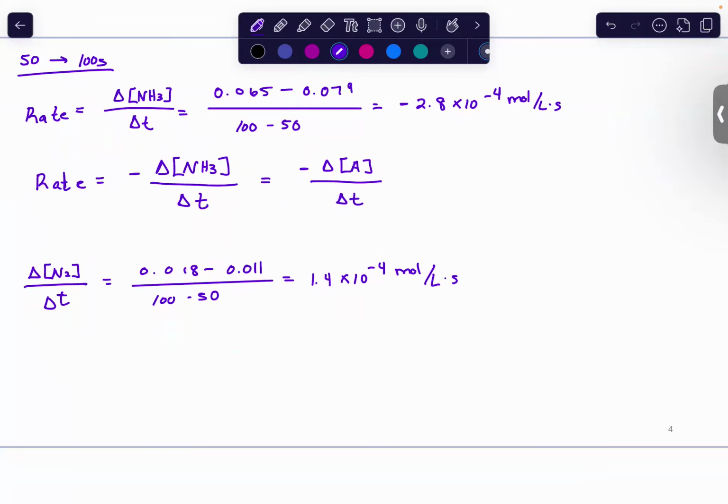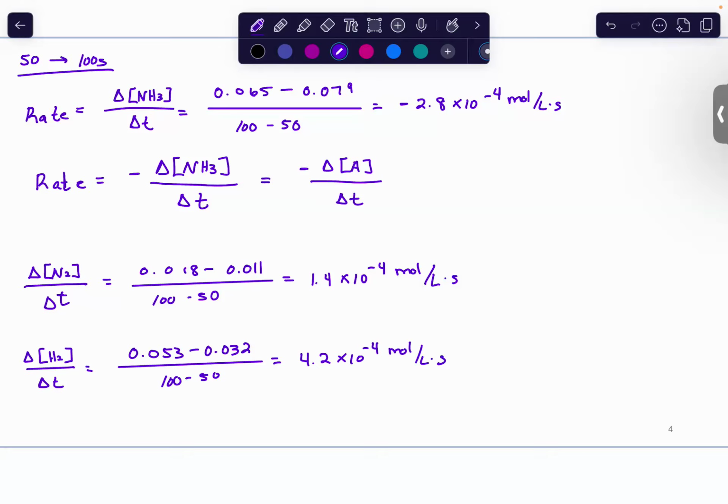Okay, and then let's look at the appearance of H2. So now we have the rates of all three of these compounds, both disappearing and appearing as products.